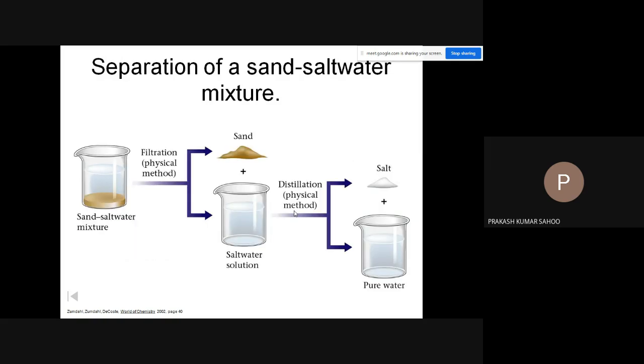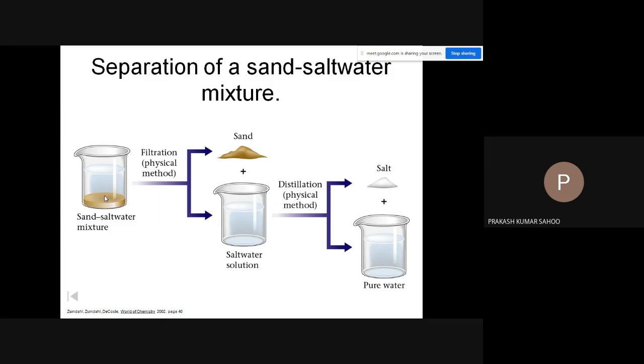Then this is a separation of a salt, sand, and water mixture. Here, sand is there, salt is there, and water is there. So three components are there. How will we separate these three components? First will be the physical method, by decantation or by filtration.